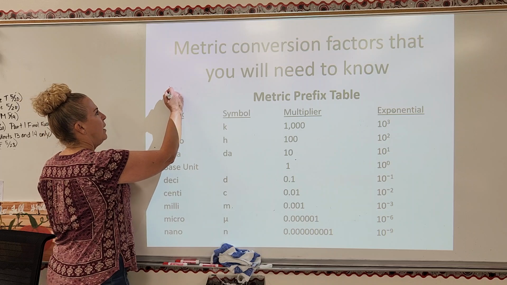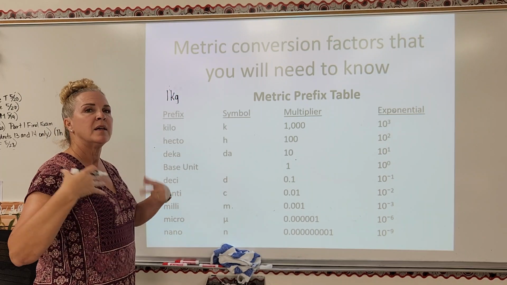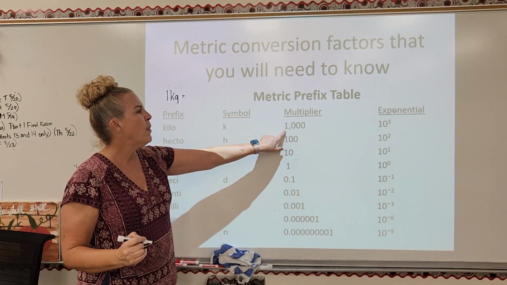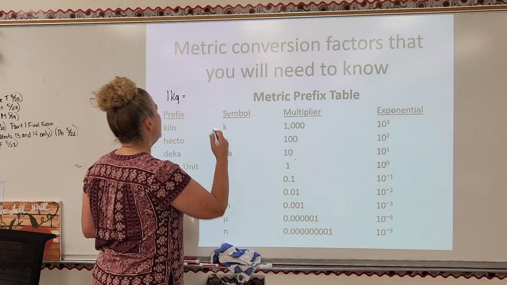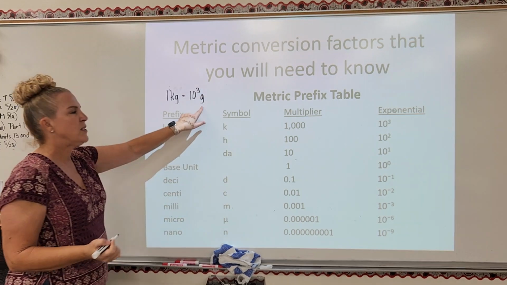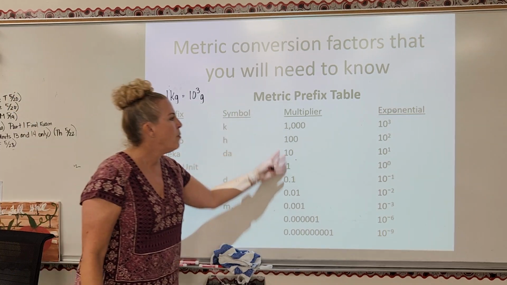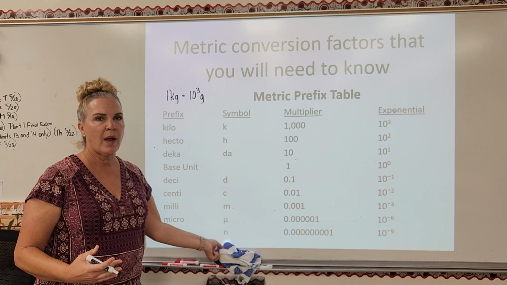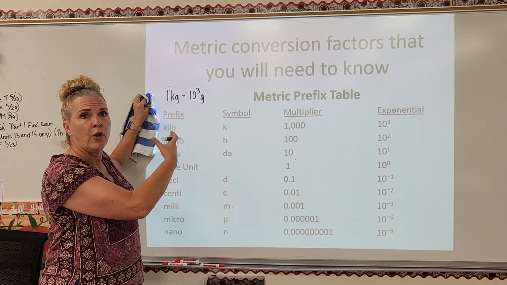So a kilogram, I'm going to go ahead and abbreviate now and use the abbreviations because that makes it easier for us to work with, is equal to, now the multiplier is 1,000 or 10 to the third. So it's equal to 10 to the third, and we always use the base unit on the multiplier. So the prefix gets a 1, the multiplier or the power of 10 will always get the base unit. So 1 kilogram is equivalent to 1,000 grams. So it is bigger than the gram.